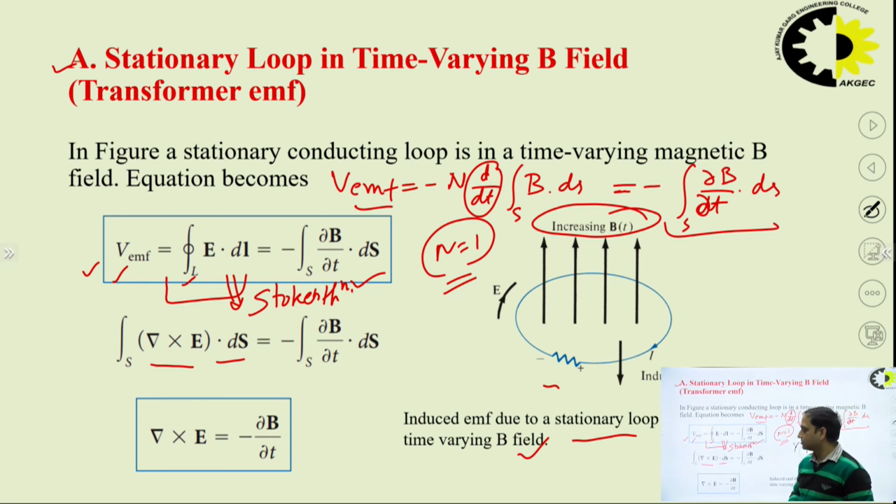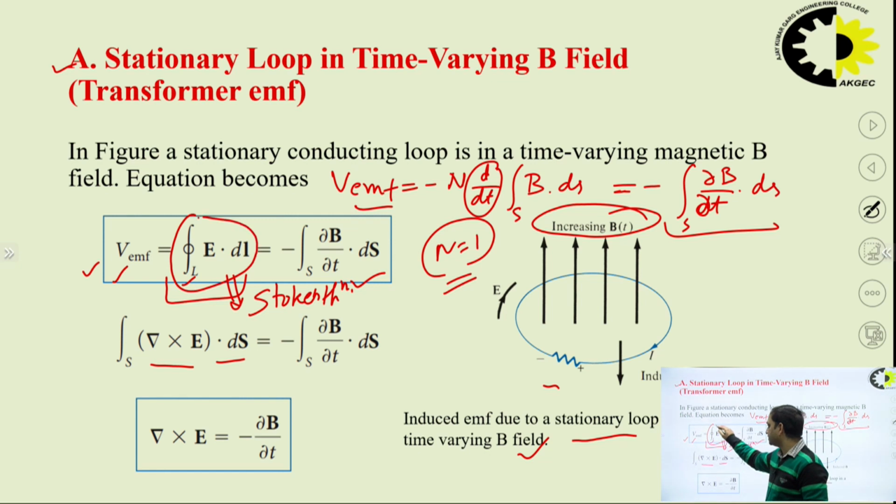We have discussed this concept when we derived the Stokes theorem. We are simply applying the Stokes theorem only onto this part, and this is the expression which we get: the closed path is equivalent to the open surface.